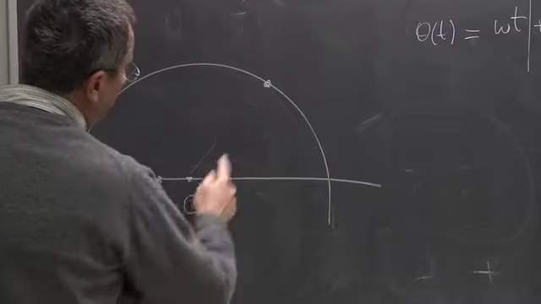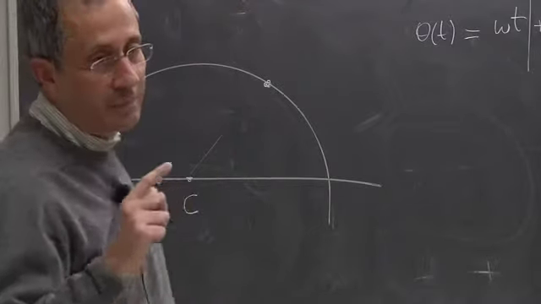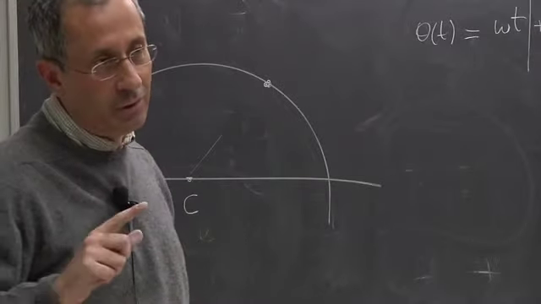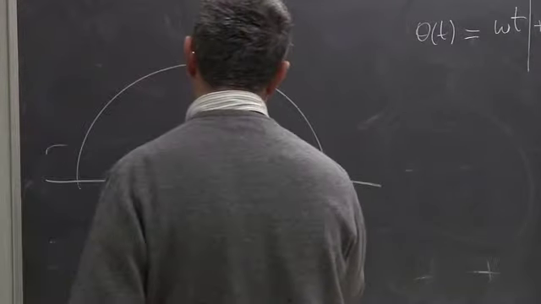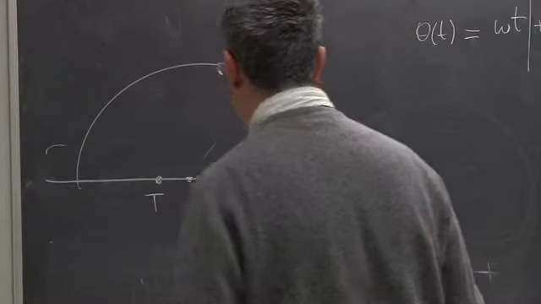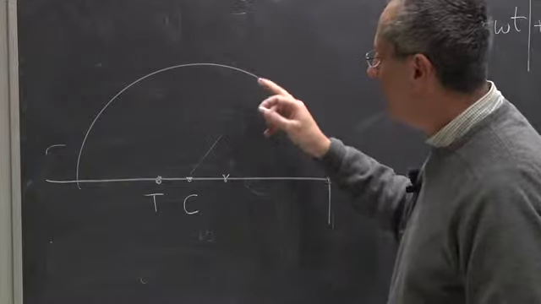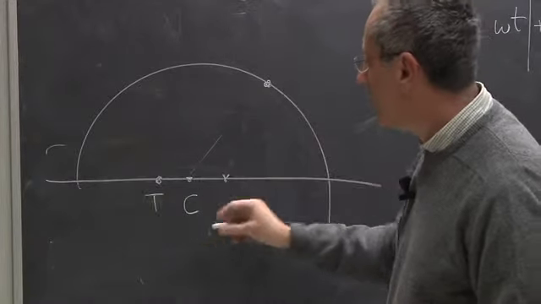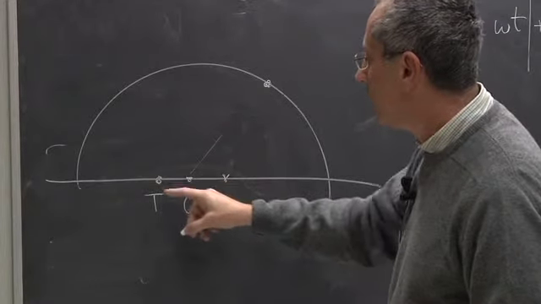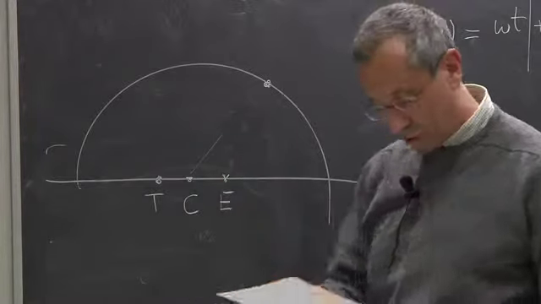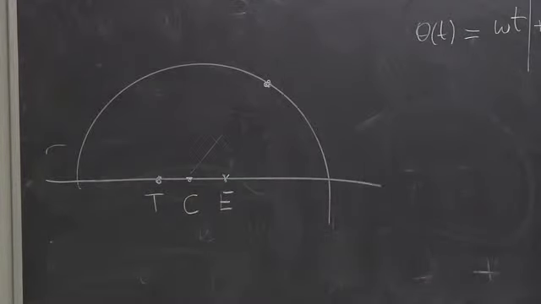But if it's moving this way, it is still moving with constant speed, because it is still moving on a circle, okay? So they had to further assume that not only is it moving about this other circle, but it is moving with uniform speed about not C, but about a third point that was called the equant.